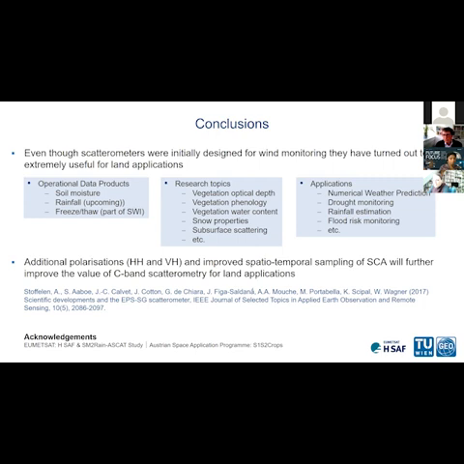I didn't go into this, but if you go into desert areas, or very arid environments, we also see the scattering from underlying rocks in the data. And key applications, which I didn't touch, are numerical weather prediction, drought monitoring, rainfall estimation, flood risk monitoring, and so on.